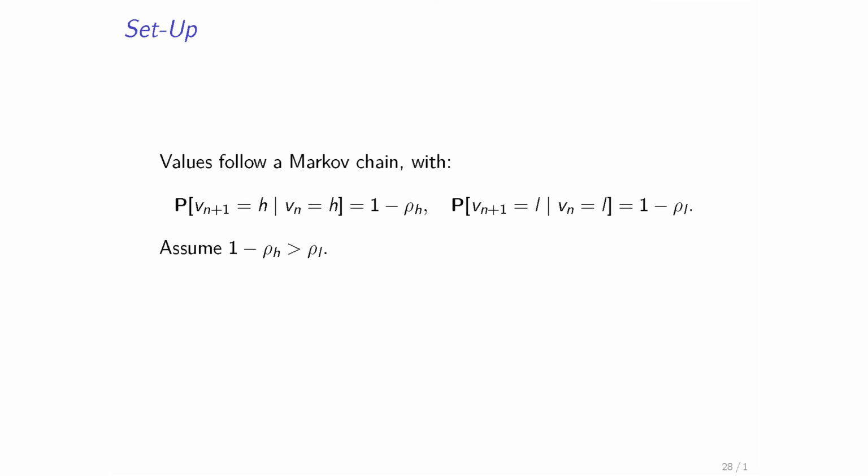If my value today is high, my value tomorrow is high with probability 1 minus rho H. And if my value today is low, my value tomorrow is low with probability 1 minus rho L, except now we have a strict inequality sign. It's not IID. We have perfect persistence. All else is the same. So we only change the information technology of the agent.